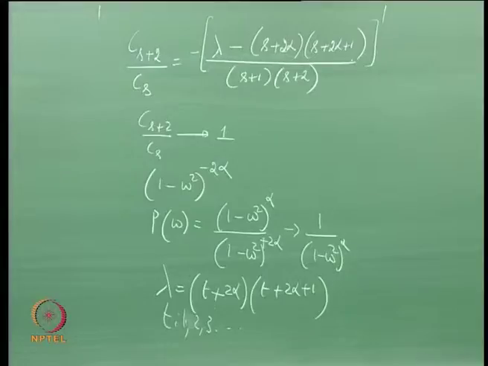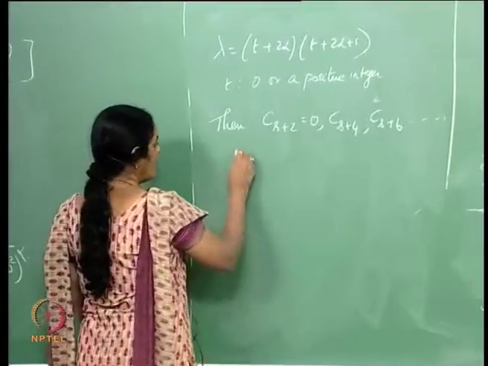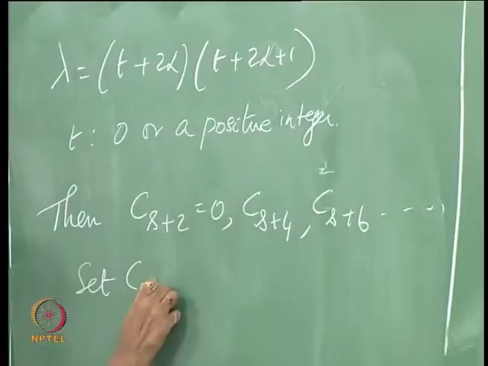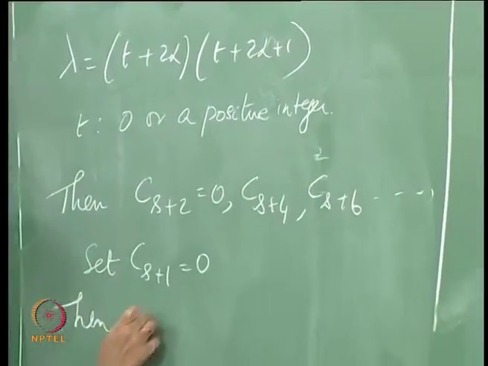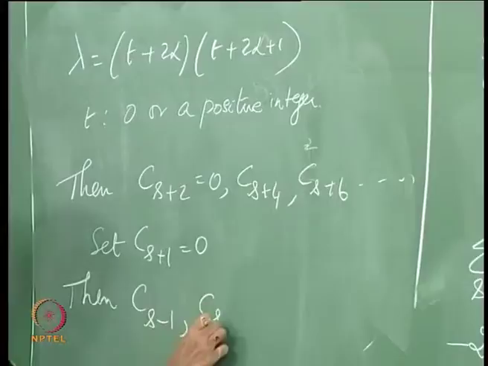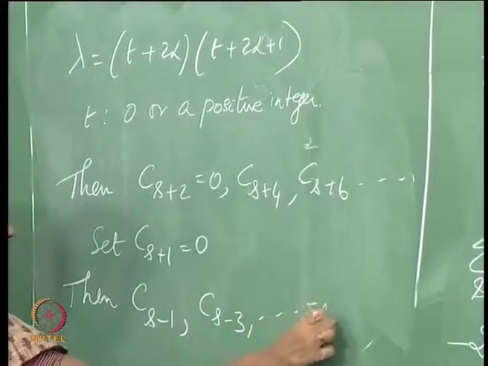In the next stage you will have Cs plus 4 is something times Cs plus 2, and since Cs plus 2 is 0, all of them are 0. Set Cs minus 1, Cs plus 1 also to be 0, because you want to truncate the series. Then by the recursion relation, Cs minus 1, Cs minus 3, they are all 0.